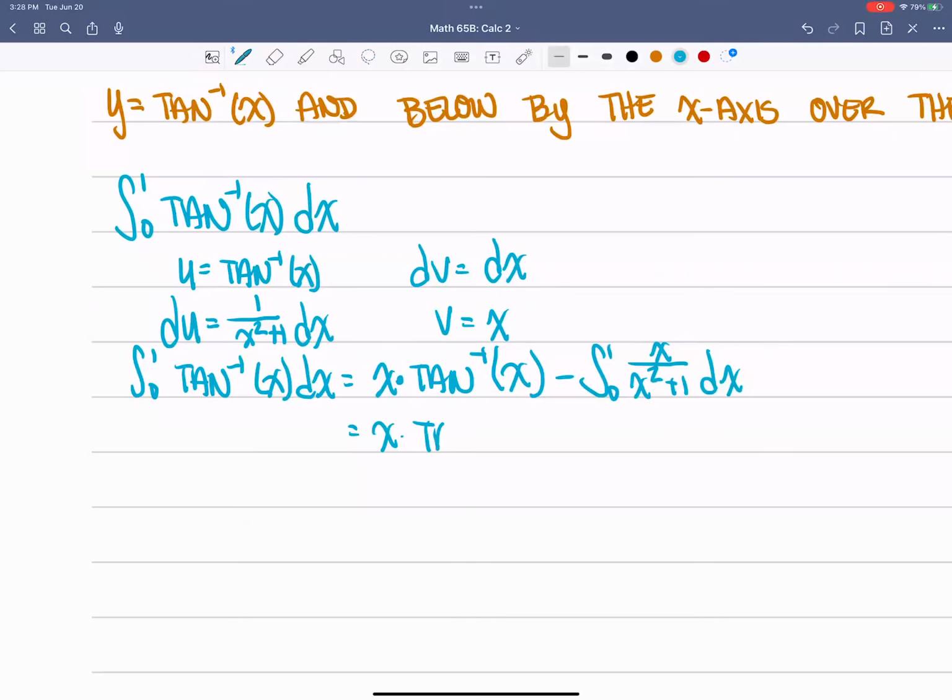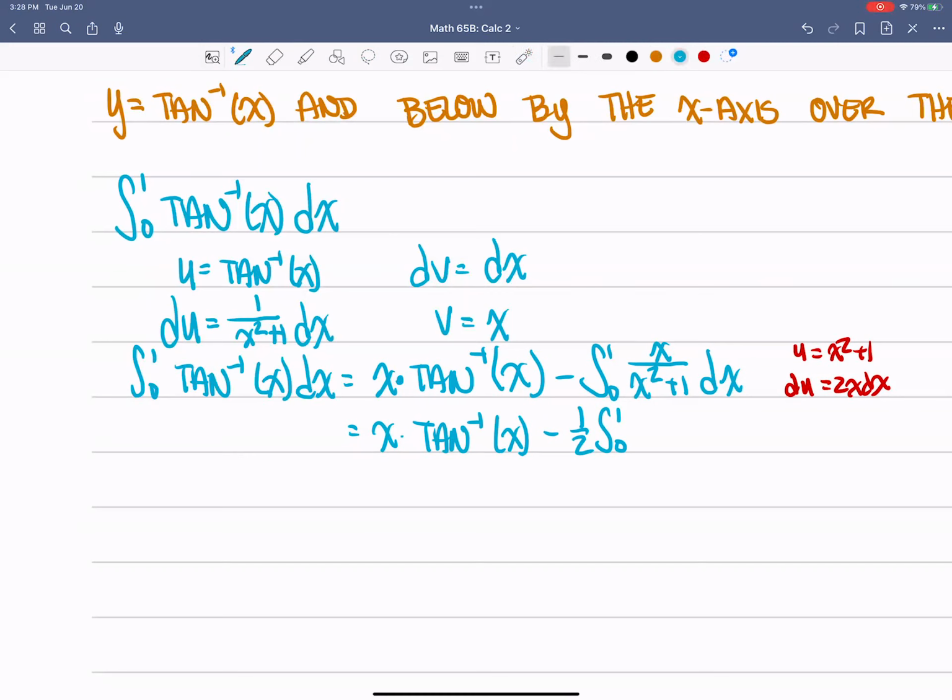x times tangent inverse of x. Here we could let u equal x squared plus 1, du is equal to 2x dx. So we have minus 1 over 2 integral from 0 to 1. Or we could plug these values in. No, we'll switch it all back.